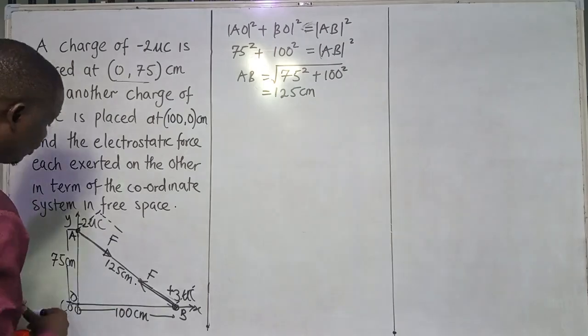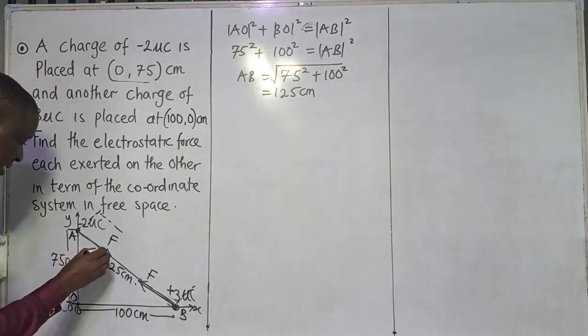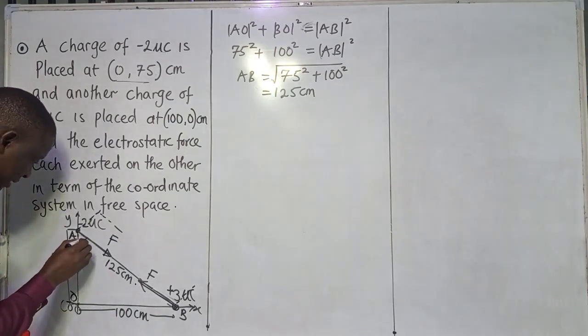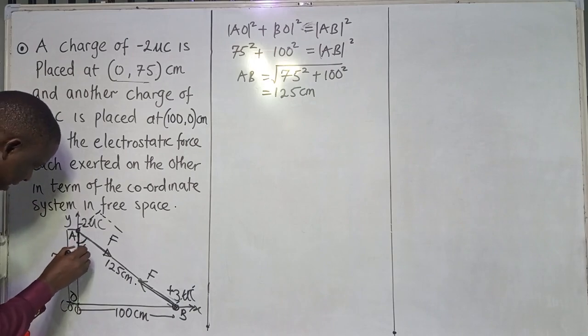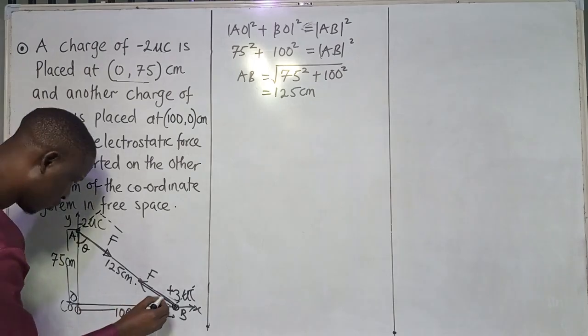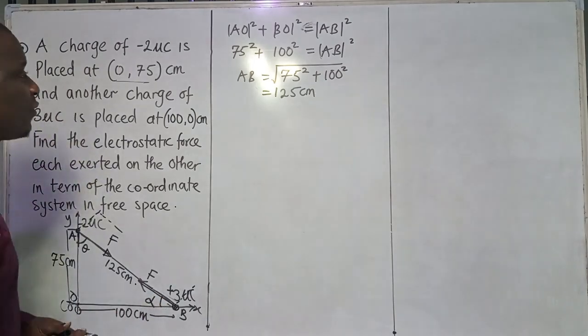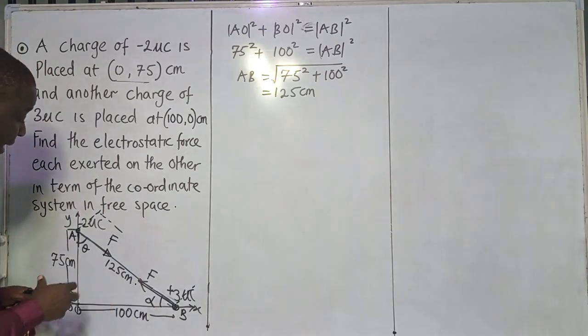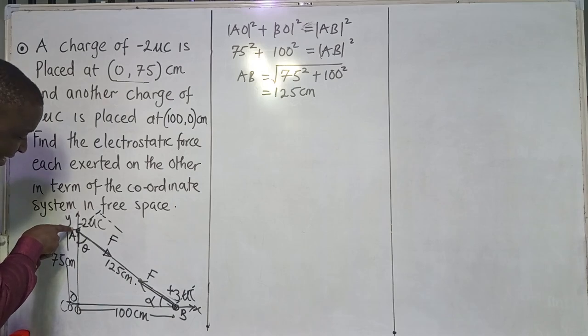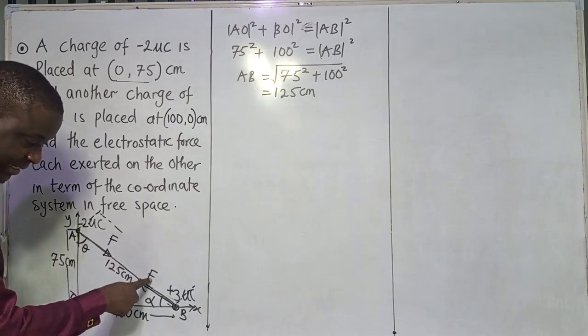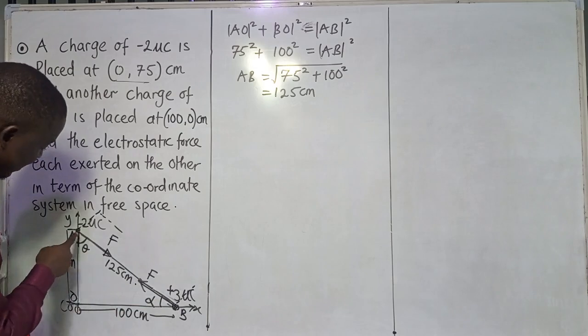Now, having understood that, let's say this one is inclined at an angle theta to this vertical, and let this one make an angle of alpha. Now, if we want to solve, don't forget, the force of A is this, while the force of B is this.